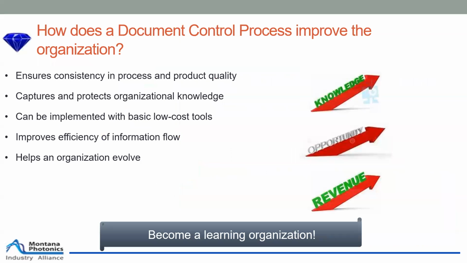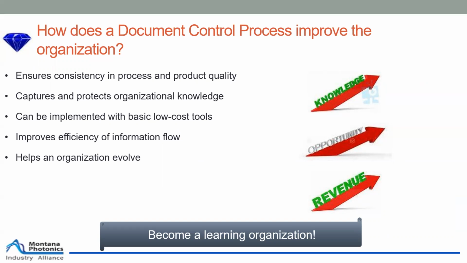So how does a document control process improve your organization? The document control process is key to your success as an organization. It ensures that you have defined the processes in order to consistently build high-quality products. It captures and protects the essential knowledge of your organization for how you run your key business processes.